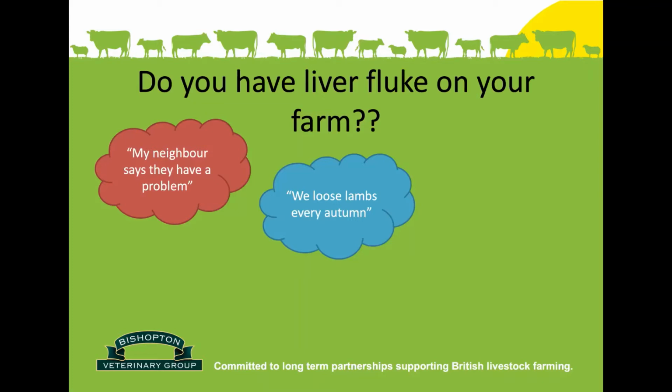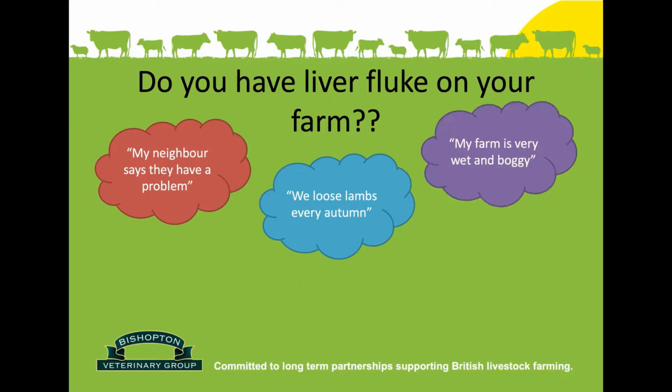I'll go into how valuable postmortems are in a little while, but looking at APHA data in the east of the country, parasitic gastroenteritis, so worms, Clostridial disease and Pasteurella are the 3 top reasons why lambs die, and fluke isn't up there. Now in the west, this is a different kettle of fish, and fluke is up there.